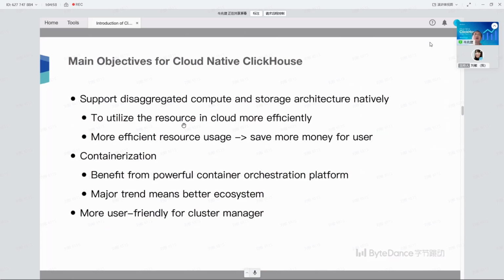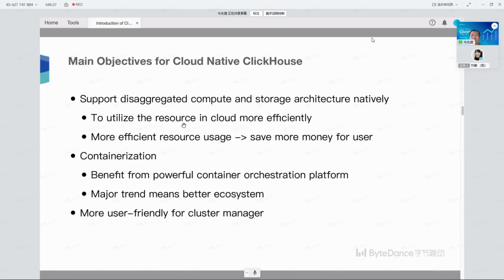We want to put all our computing resources in containers, and we can utilize a container orchestration platform like Kubernetes to help us manage our cluster, like scaling and auto failover, something like that. And containerization is also a major trend currently.